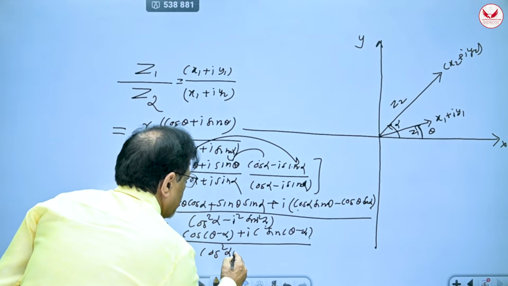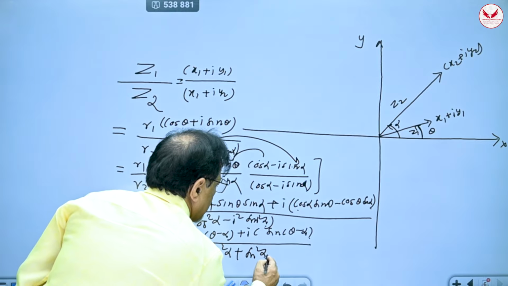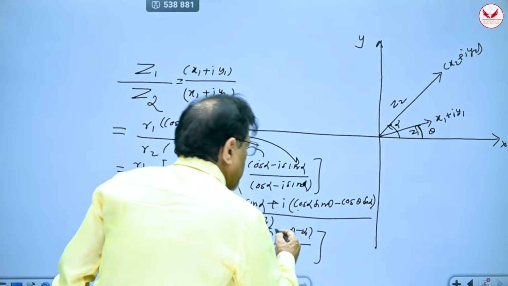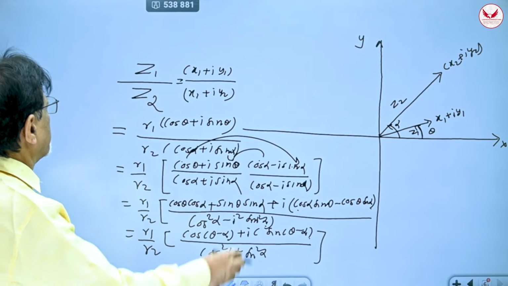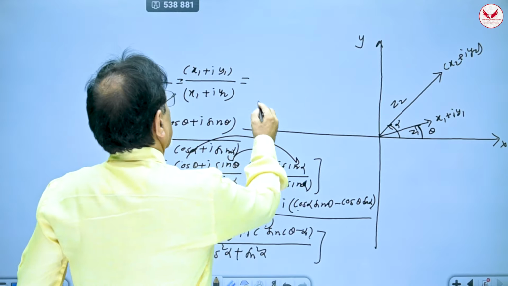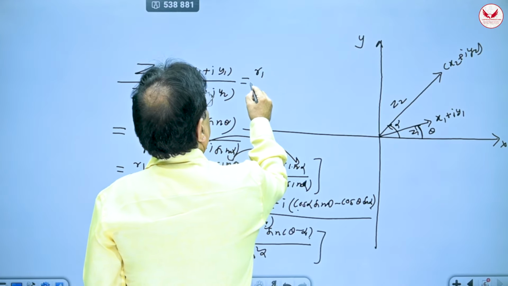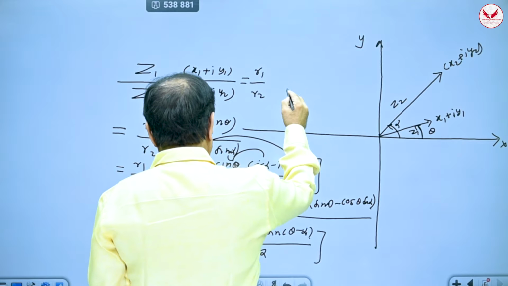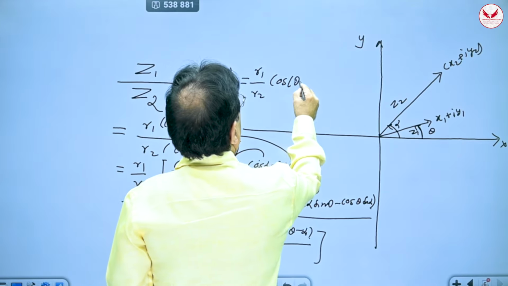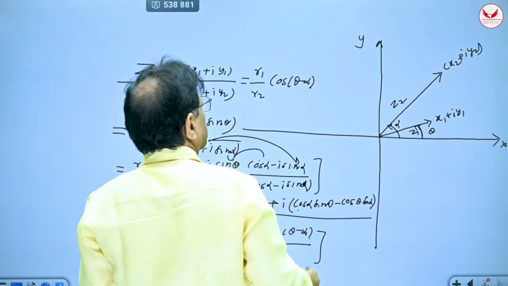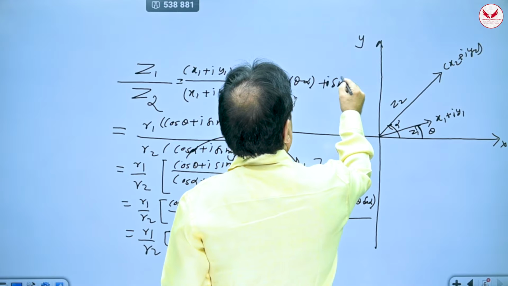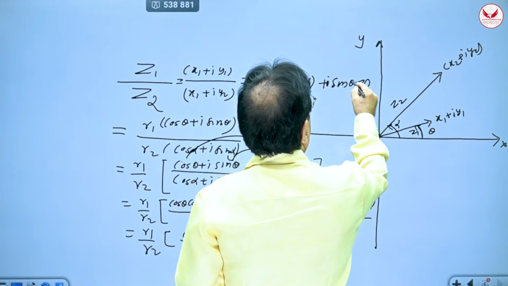Cos square alpha plus sin square alpha, but that happens to be 1, everybody knows. Correct? So we got a very interesting result. This is equal to R1 upon R2 multiplied by simply cos of theta minus alpha plus i sin of theta minus alpha.